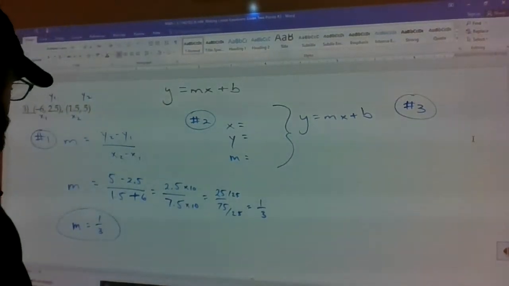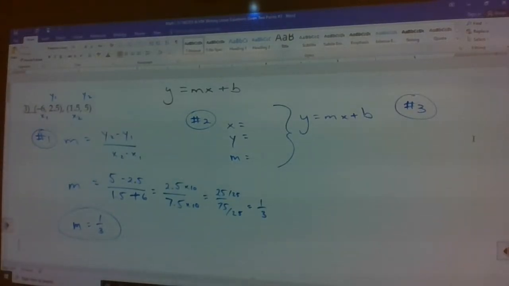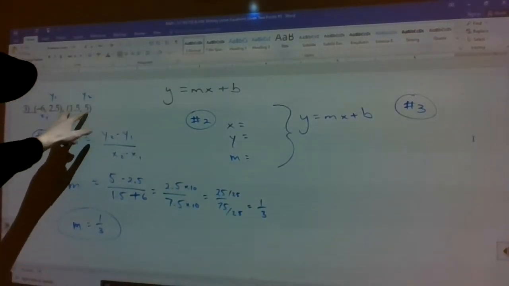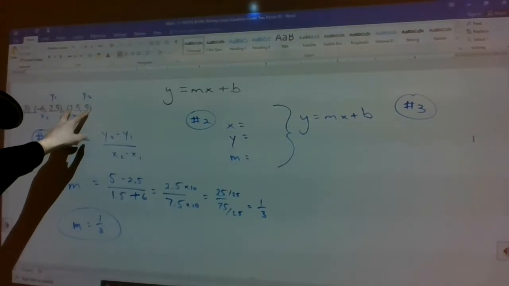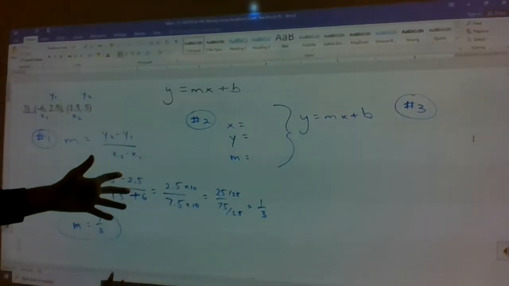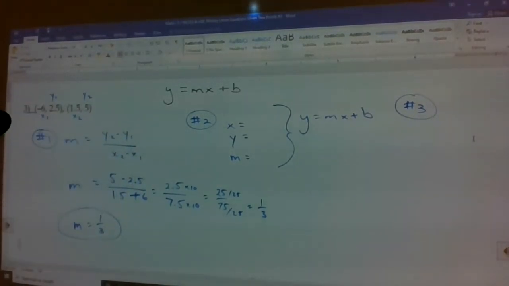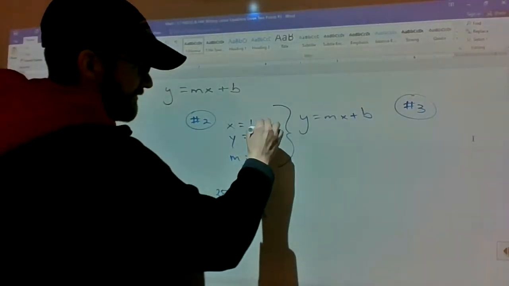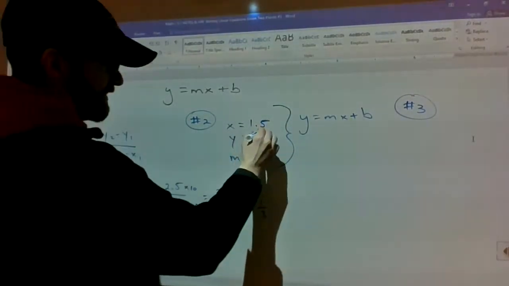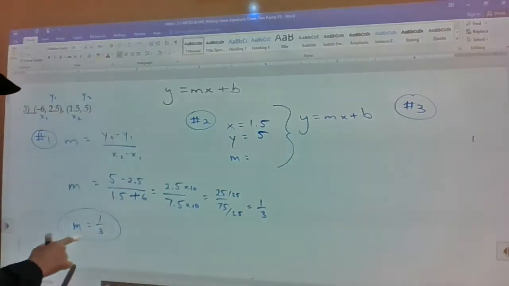Now the question is, which of these coordinates seems to be the more convenient one to work with? Well, I'd say most students would pick the one that has a 1.5 and a 5 because they're both positives and they seem to be smaller numbers. So I'll just go with that as well. 1.5 for x, 5 for y, and then m is 1/3.